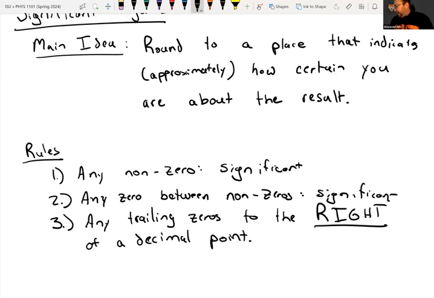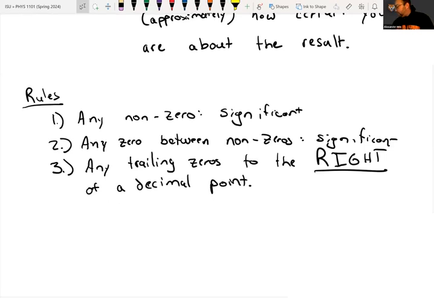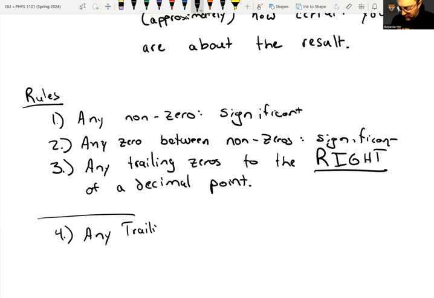All right. And then I'll put a dash there, and we'll say for any trailing zeros, if no decimal point is present, they are not necessarily significant.